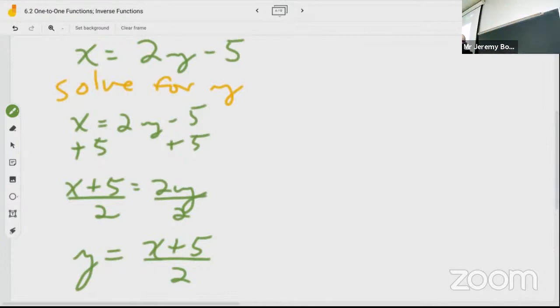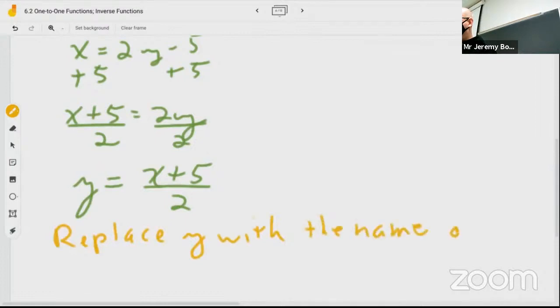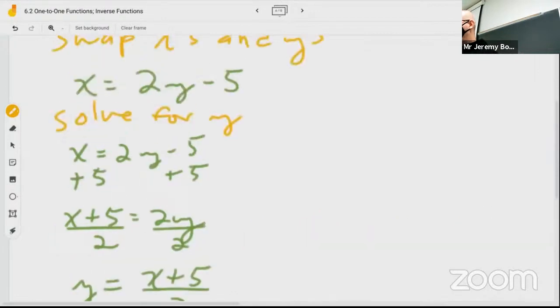And then the last thing we're going to do is what? We're going to replace y with the name of the inverse. Because in this case, what was the original function called?